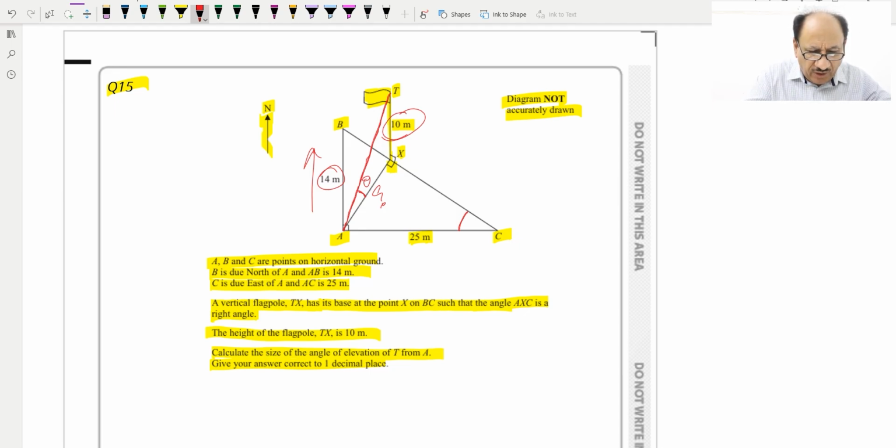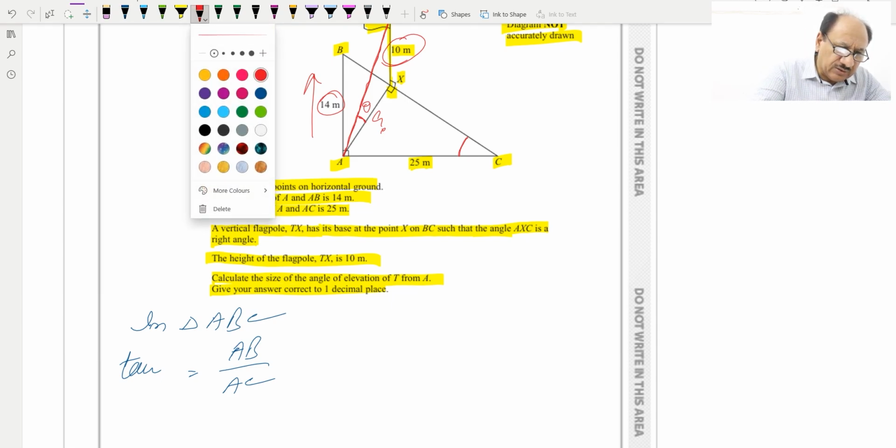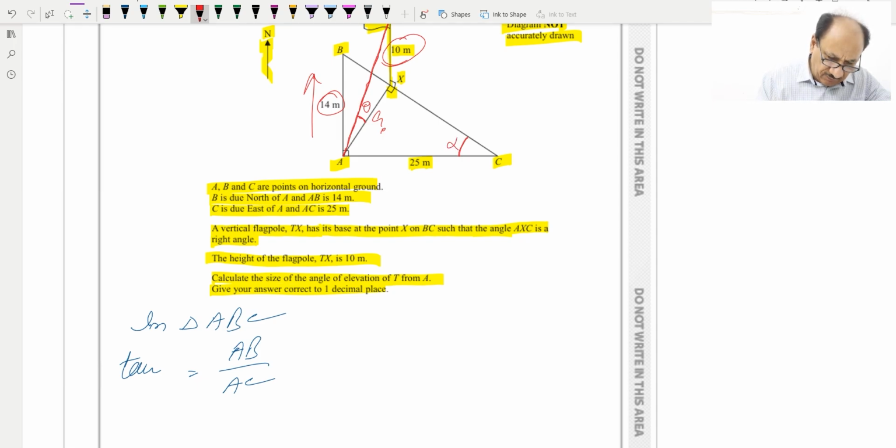To find AX, first of all we will find this angle C. So in triangle ABC, we can write AB over AC, opposite over adjacent, is equal to tan of, for example, beta. Or since we have taken theta, we can take this angle as alpha, so tan of alpha.